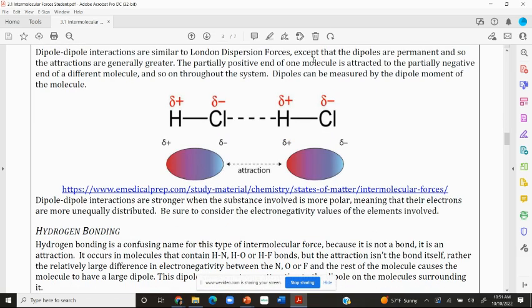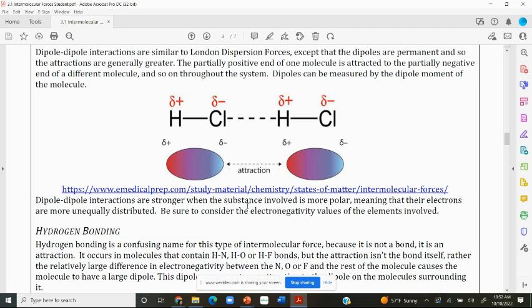If it's a dipole, it also has LDF. So when they ask you to list all of the IMFs, you start with LDF, and in this case, you would add dipole. Dipole interactions are stronger when the substance involved is more polar. The more polar it is, the stronger the IMFs are going to be.